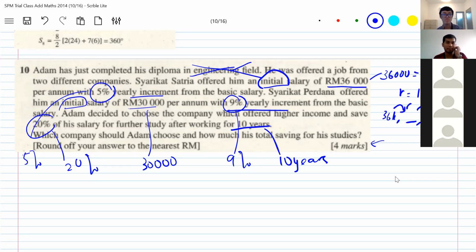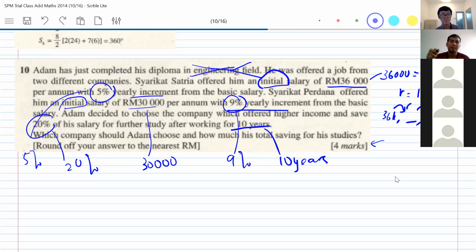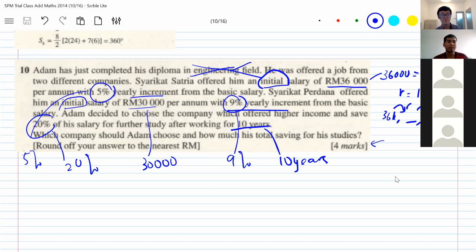That's 5%. 5% is 0.05 actually, but you must add 1 to that number because it increases on top of that, right? It's not 36 and then you take 5% of that. It becomes very small, you see? It's 36,000 times 36,000 plus 5%, so it's 1.05.